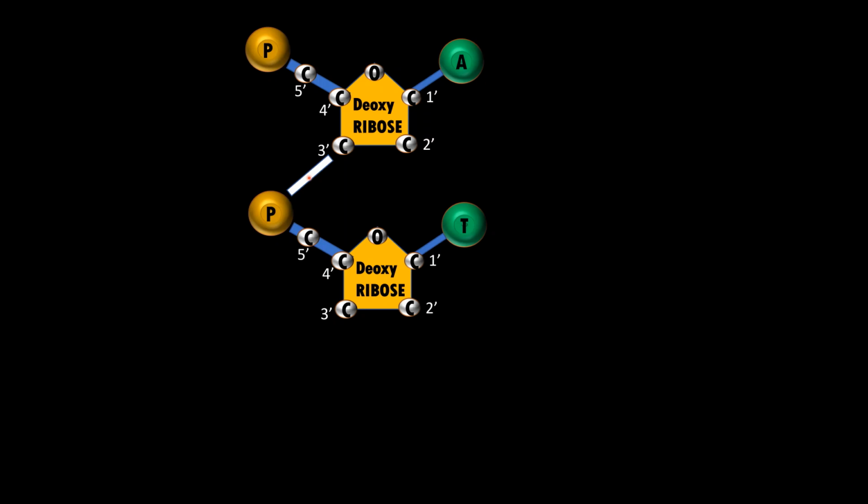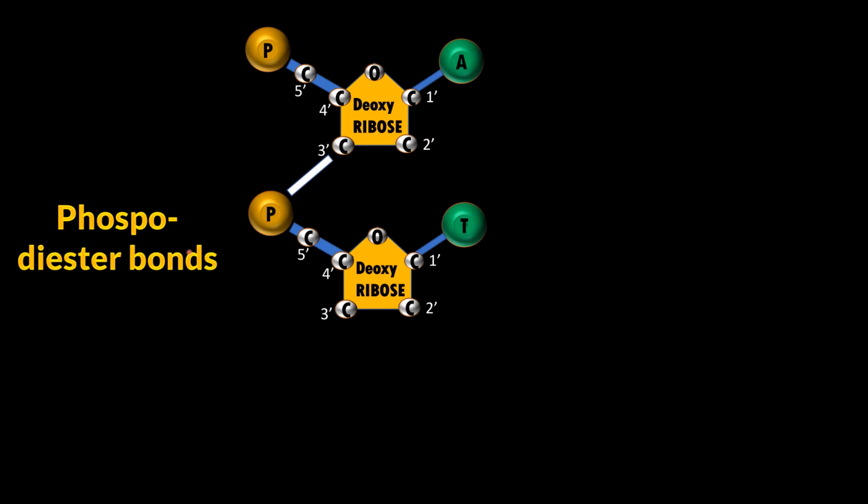So 5' phosphate of the second nucleotide, I'll repeat again, 5' phosphate of second nucleotide is added to the 3' hydroxyl group, that is OH group, to form this special bond. This bond is called as phosphodiester bond. It is a type of covalent bond which is not easy to break.